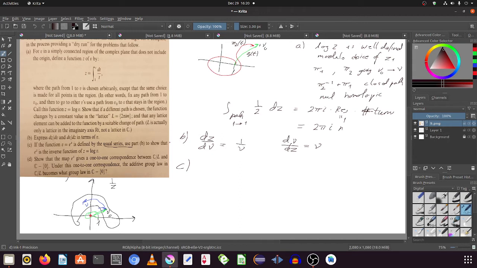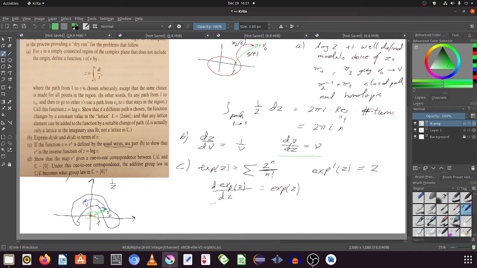Oh, the usual series definition converges everywhere, etc. So differentiating it gives itself, so it fulfills this one, and that means that one is a constant times the other.